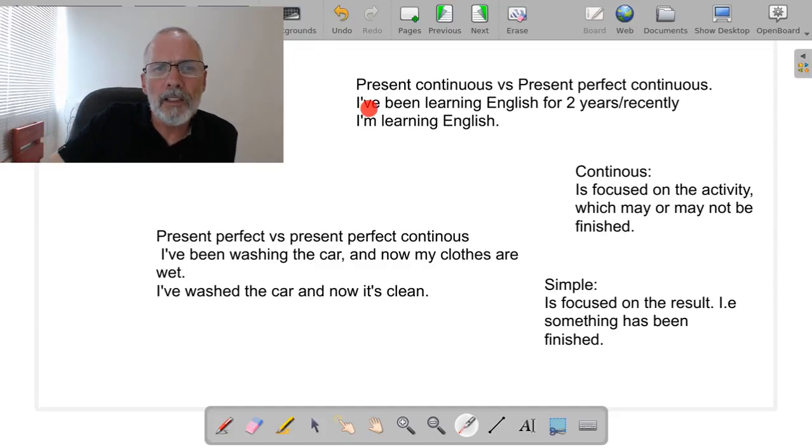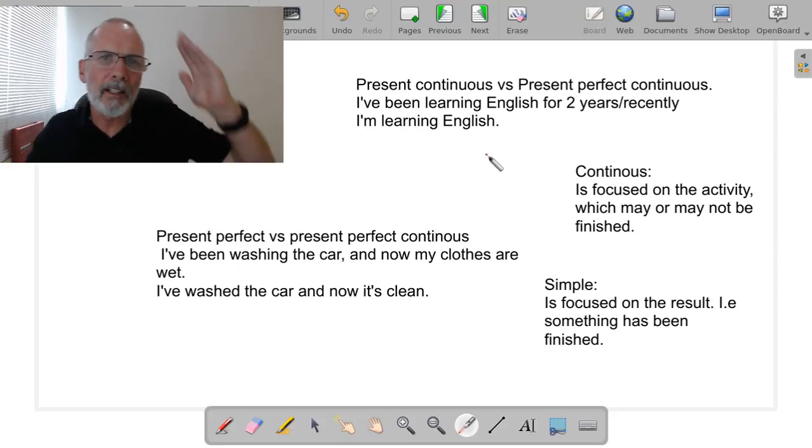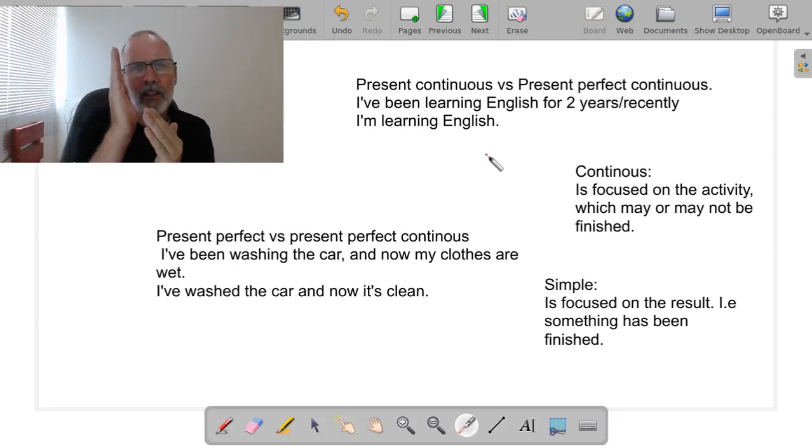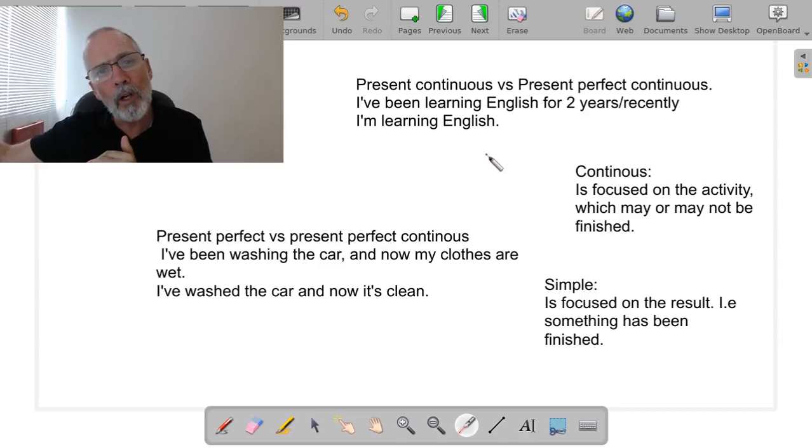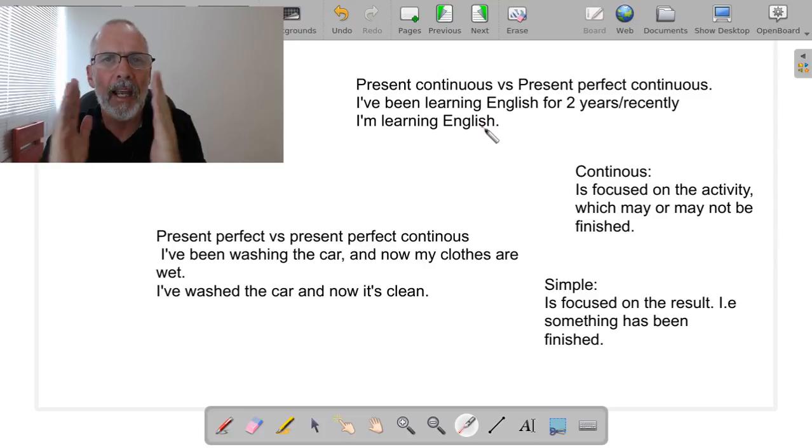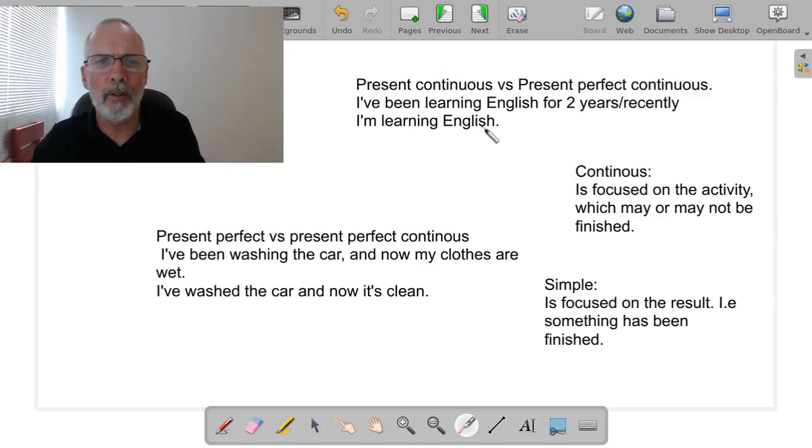But you could also say something like, I've been learning English for 2 years. These are very similar because this one is like, I started in the past, it's an ongoing activity and it will go on in the future. When you say this one, it emphasizes that it is going to continue in the future.